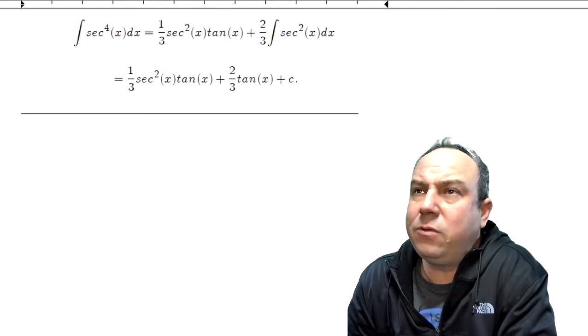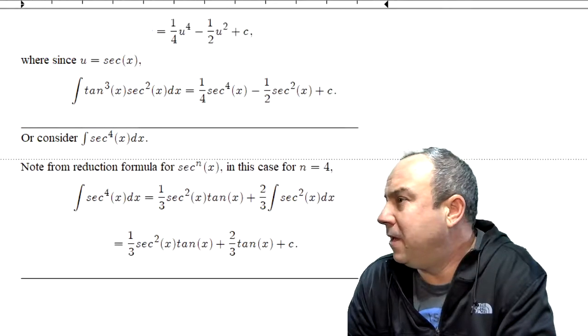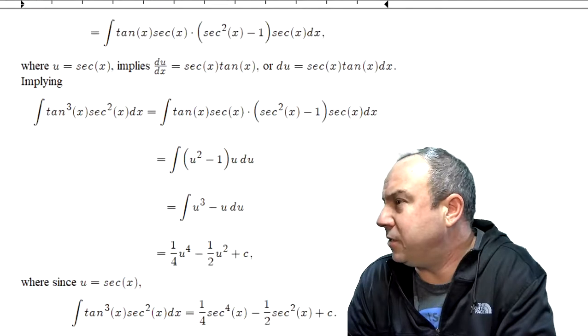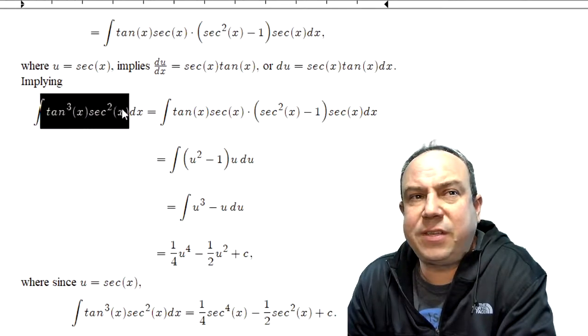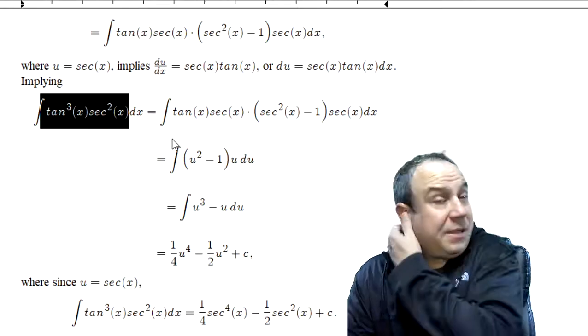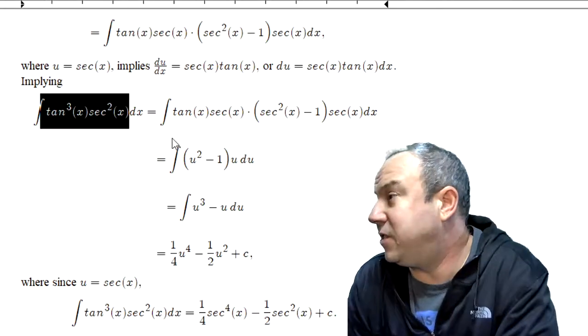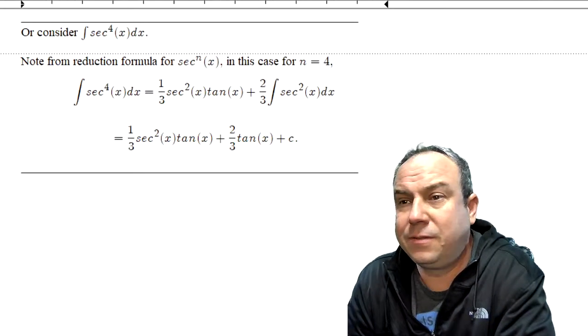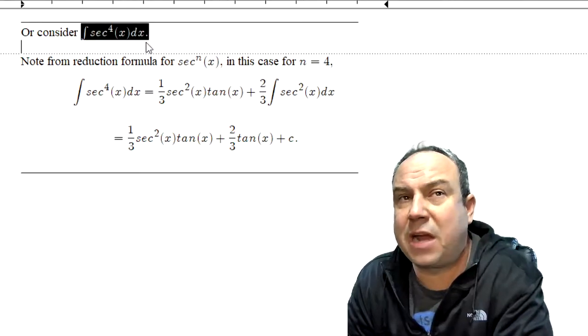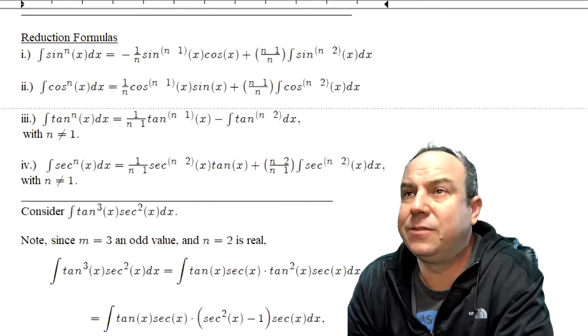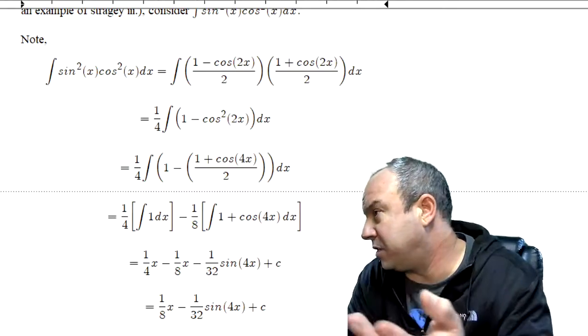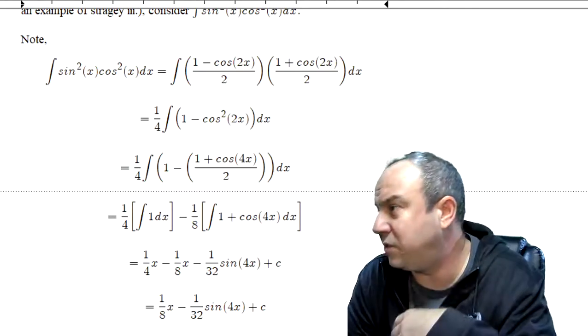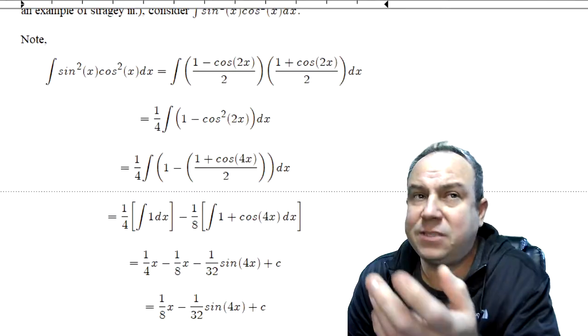And those, folks, are our trig integration strategies for when we're facing things that are the powers, or I should say the products of tangents and secants. Here this is just a product of a bunch of secants. We could have a product of a bunch of tangents, cotangents with cosecants, or sines with cosines.